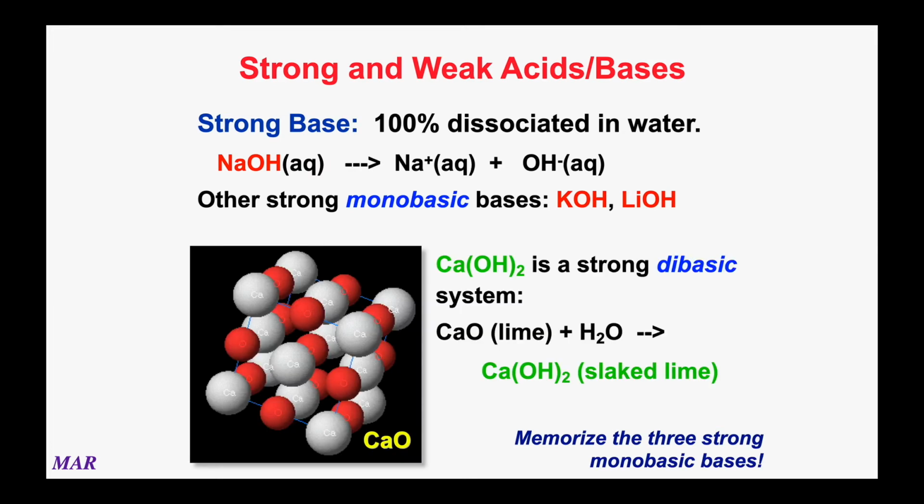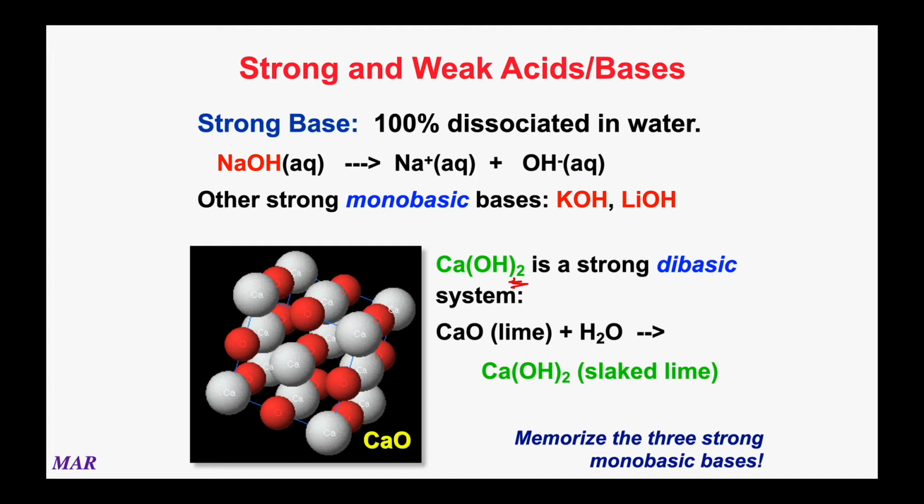Calcium hydroxide is an example of a strong dibasic system. And in a dibasic system, you have 2 hydroxides to donate. And this is another strong base. It's not one that you need to memorize because we won't use it as much. A dibasic system means that there are 2 hydroxides to donate. You can have diacidic or diprotic systems, sometimes they call them, when you have 2 H pluses.